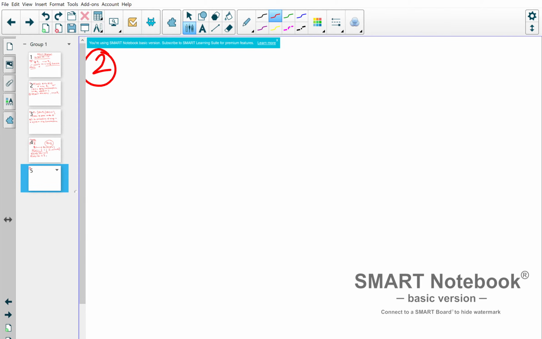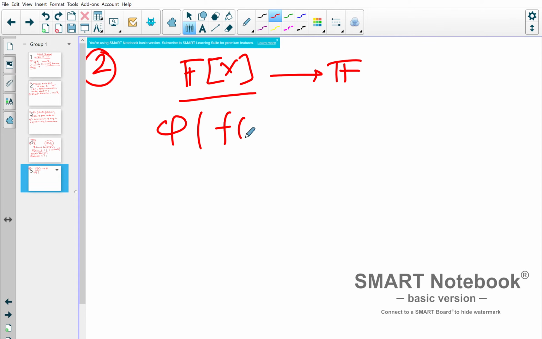For example, suppose we have a field F and the polynomial ring F[x] over the field F. Then you can always define the natural homomorphism from F[x] to F. What would be the natural map? You define phi of f(x) to be f(0), which is the constant term.